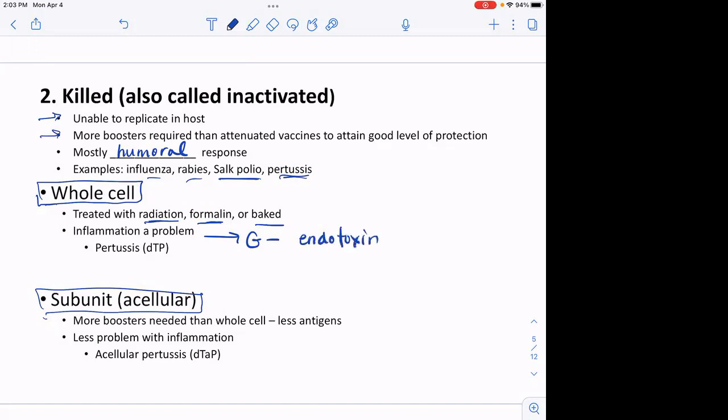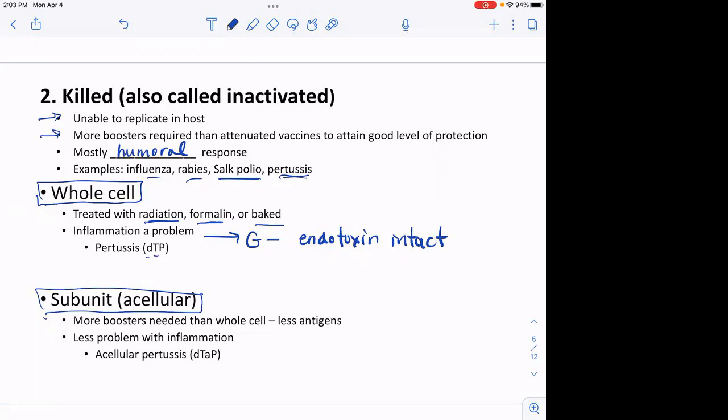If it's the whole cell, the endotoxin, even though it's dead, will still be somewhat intact. So with the case of pertussis, which is a gram-negative pathogen, when we gave that whole cell, we would give that pertussis vaccine years ago.